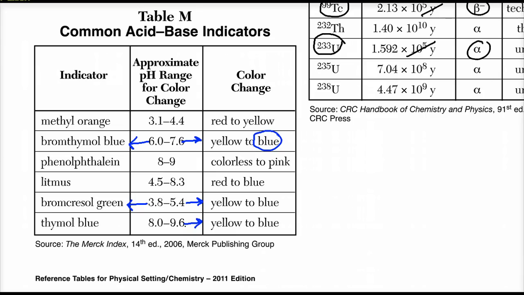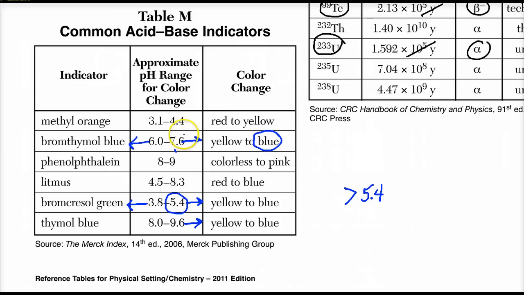Now 9.6 will make bromcresol green what? Blue, because it's above 5.4, and so will bromothymol blue. But we're looking for a choice that is essentially above 5.4 because that's my lowest number. Anything above 5.4 will make bromcresol green blue, but it will not make thymol blue, right?